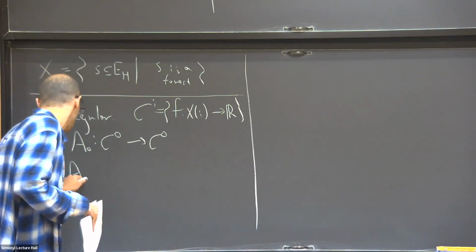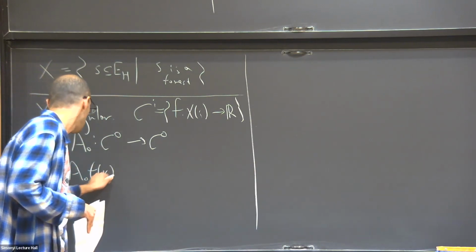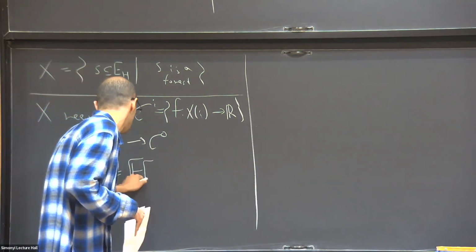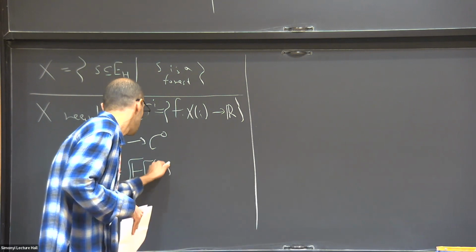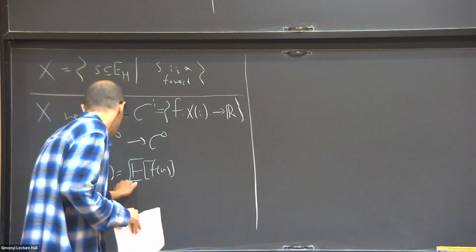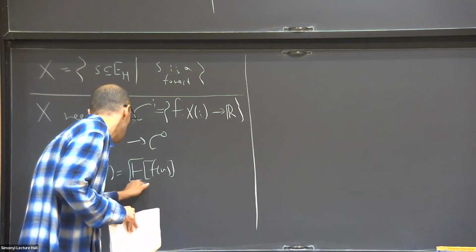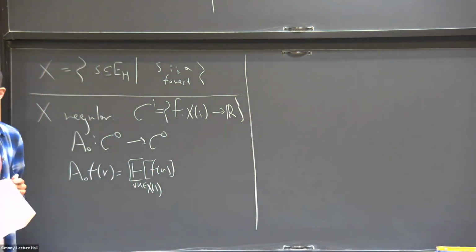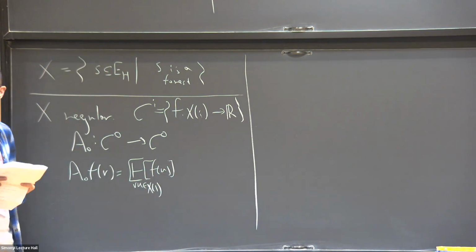So A0 of F at the point V averages F at U, where V and U together form an edge in the graph, or a one-dimensional face in the simplicial complex.